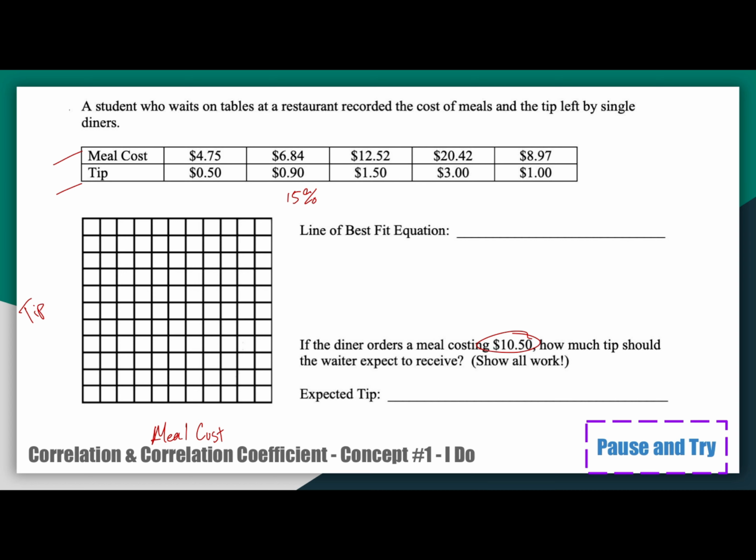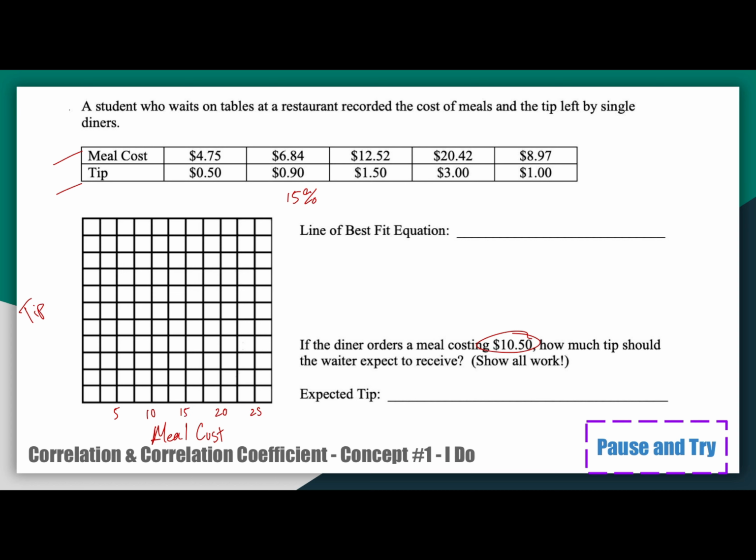So we have some interesting numbers: 4.75, 6.84, 12.52, 20.42, 8.97. Our lowest is 4.75, our highest is 20.42. So maybe we want to go by fives.